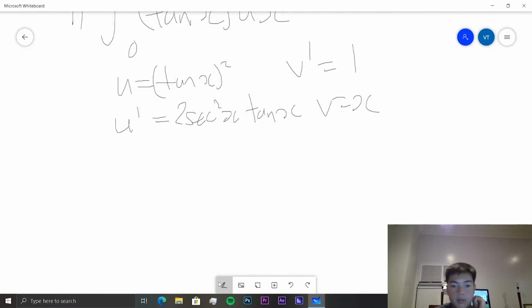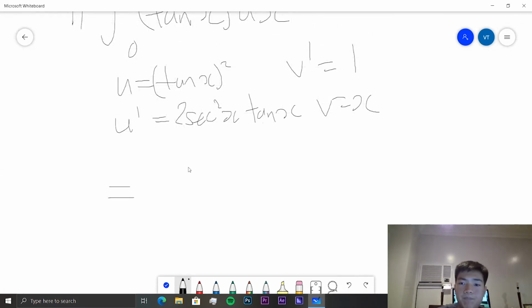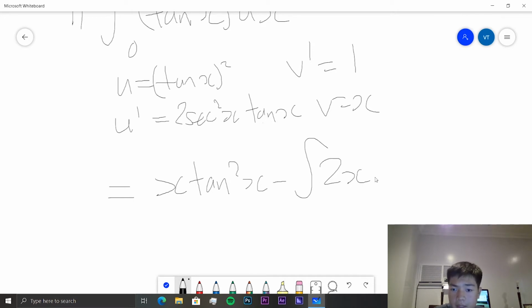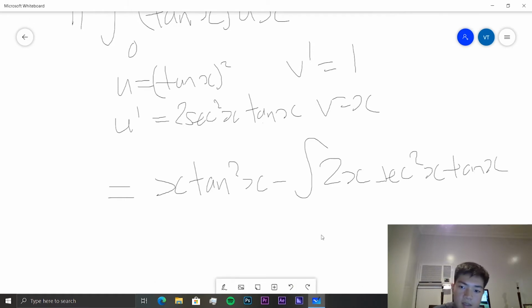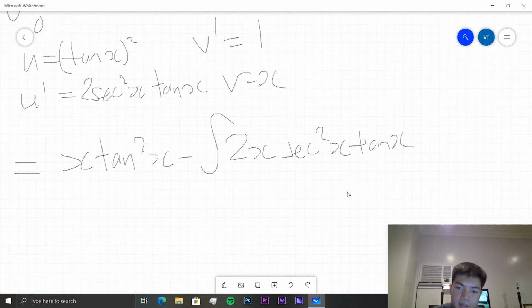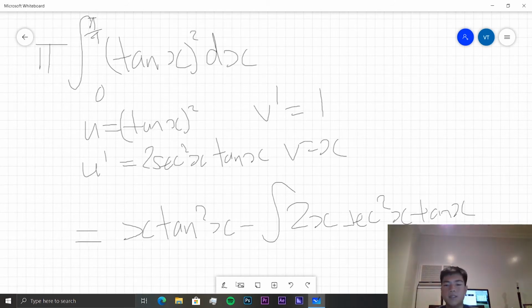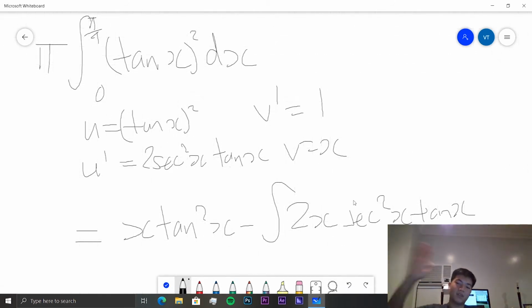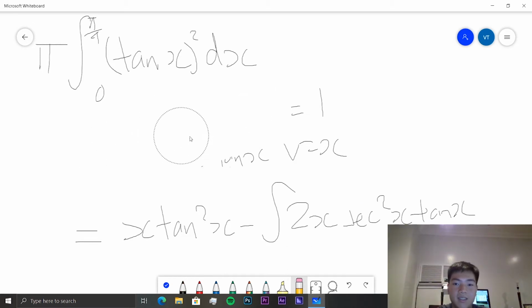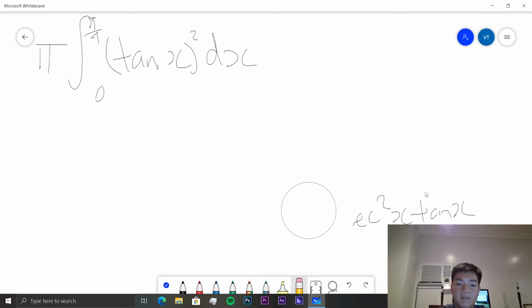So this is equal to x tan squared x minus the integral of v u prime, so this is 2x secant squared x tangent of x. We can feasibly integrate this, can we? Oh, what am I doing? Wait. I think I'm overcomplicating this. Let's erase that.